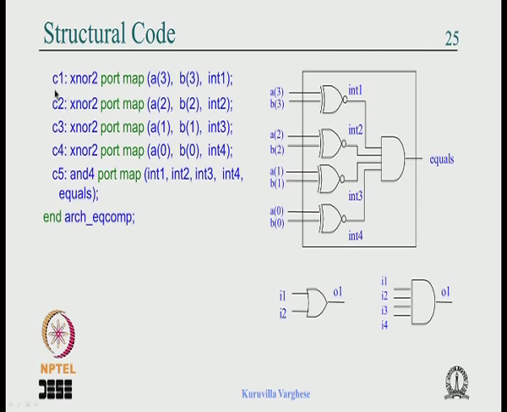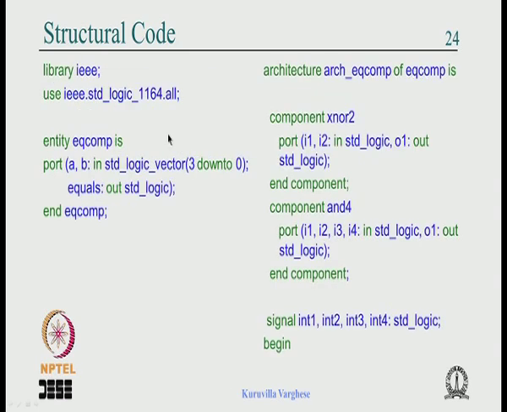So the syntax is simple, you give a label, some label, it does not matter, colon the component name, and we say the port map. That means the formal ports which we declared as I1 and I2 are mapped to the actual ports.